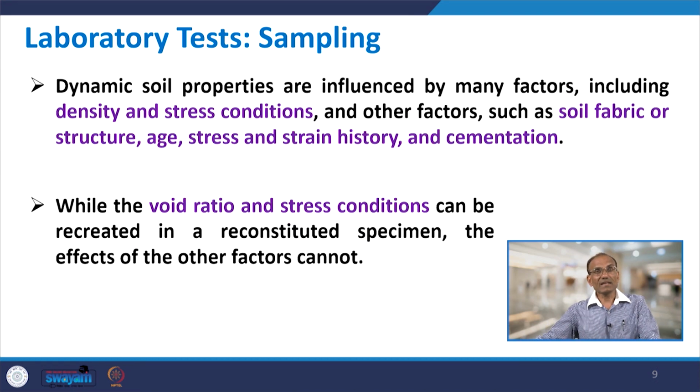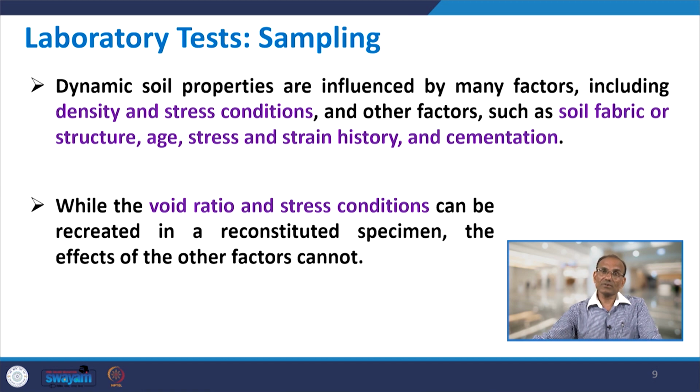Dynamic soil properties will be influenced by many factors, which include density and stress conditions, and also other factors, for example soil fabric, structure, age, stress and strain history and cementation. There are so many factors that influence dynamic soil properties, and sometimes it is difficult to consider all of these factors.